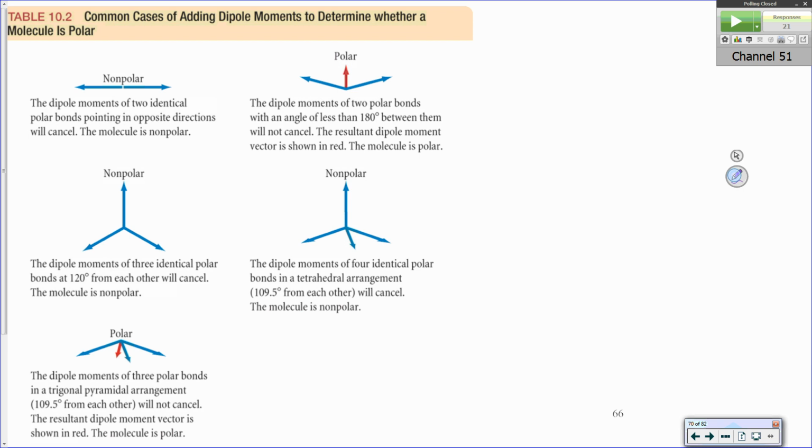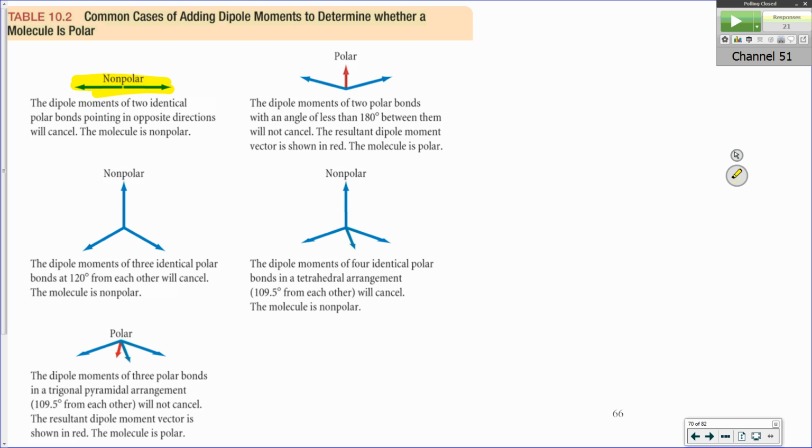When we look at it now in our common geometry results, if it's a linear molecule and the atoms are the same, that's going to result in a nonpolar molecule. Right? If the atoms are different on each side of the central atom, it may or may not be polar, depending on what the difference in electronegativities is.